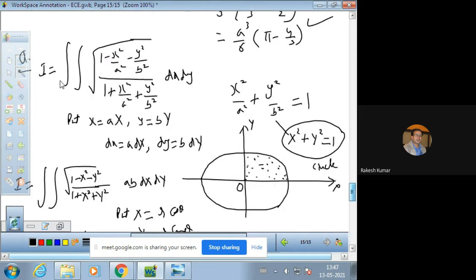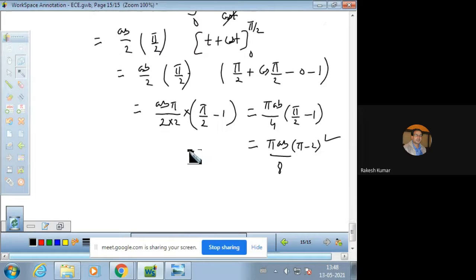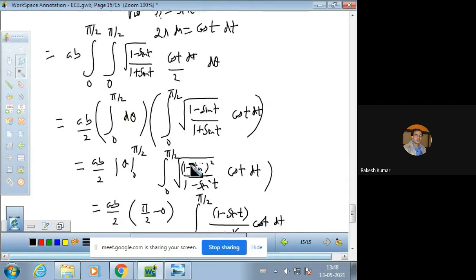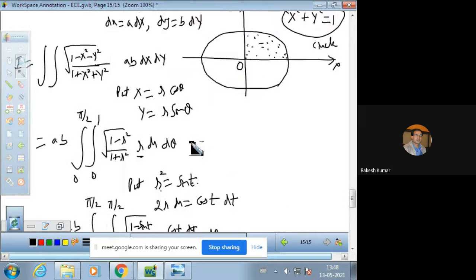The Cartesian coordinates were small x and small y, and these have been converted into capital X and capital Y by using a suitable technique, because we want to use the polar coordinates r cos theta and r sin theta. And r cos theta and r sin theta are the polar coordinates of the equation of a circle. You remember?